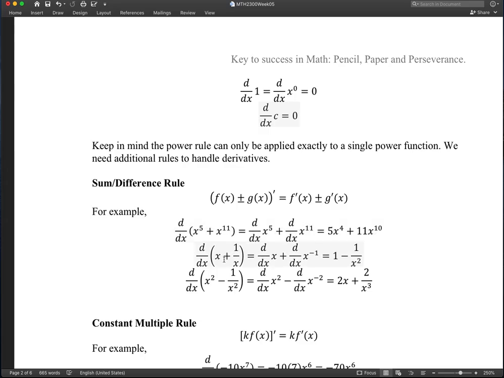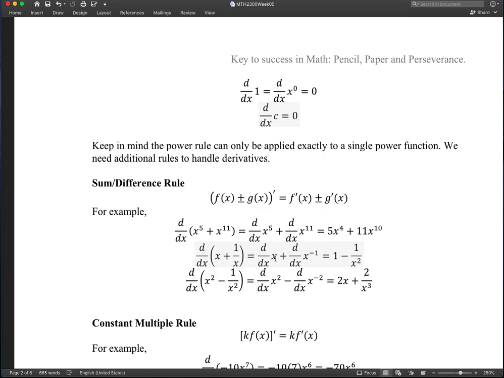The next one might be a little tricky. Still, they look like power functions. First of all, according to the sum rule, I separate those two functions into the sum of two derivatives.